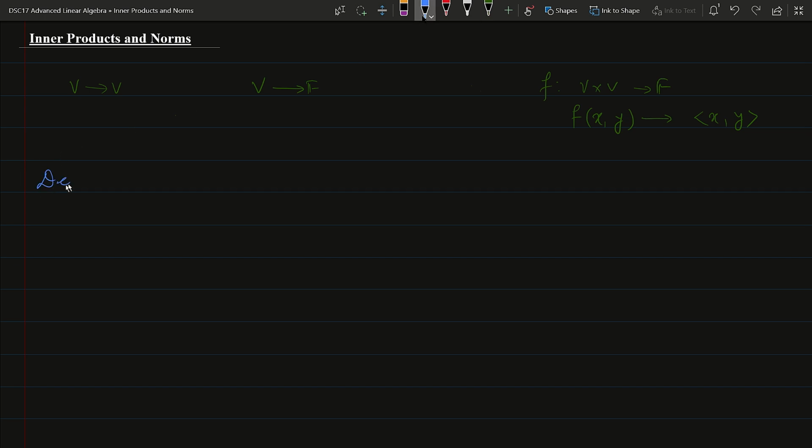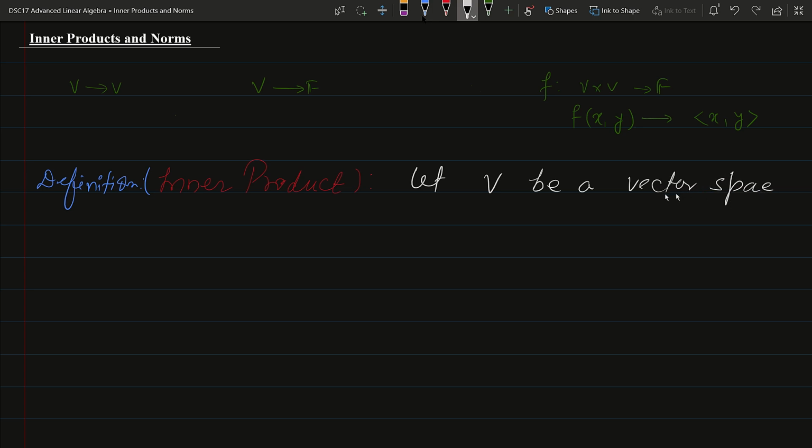So, definition: and this definition defines inner product. Okay, so this definition says let V be a vector space over F, and F is a field.